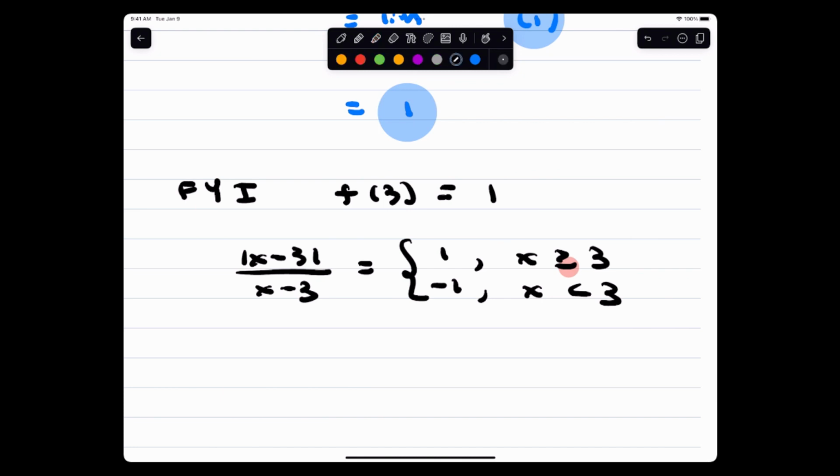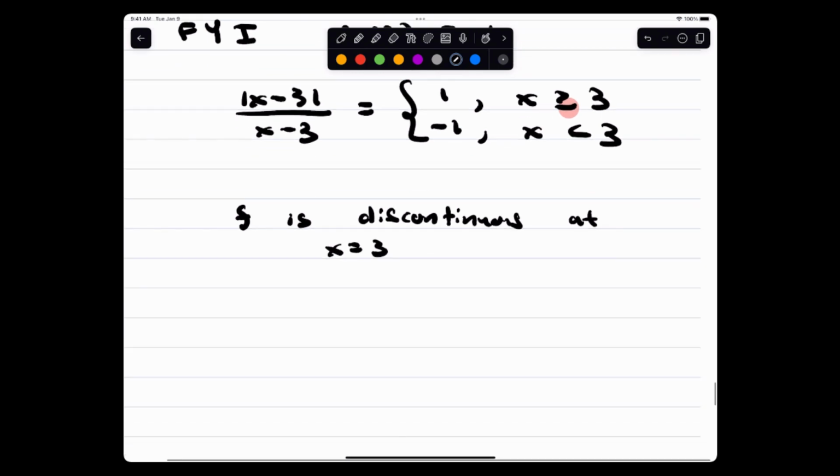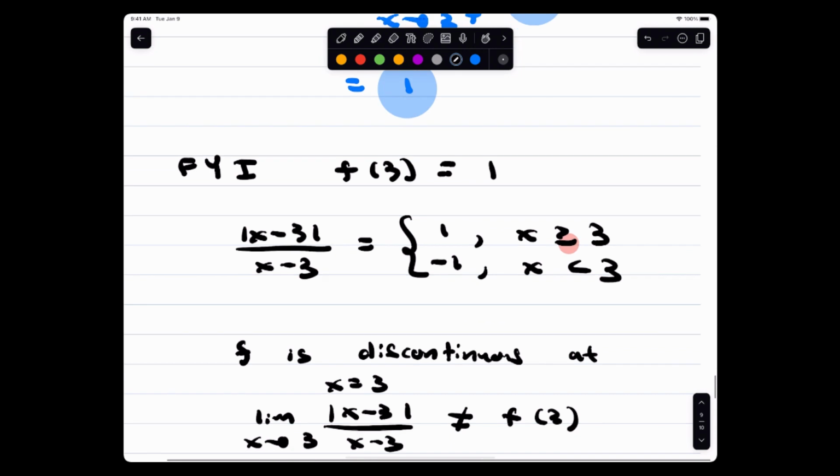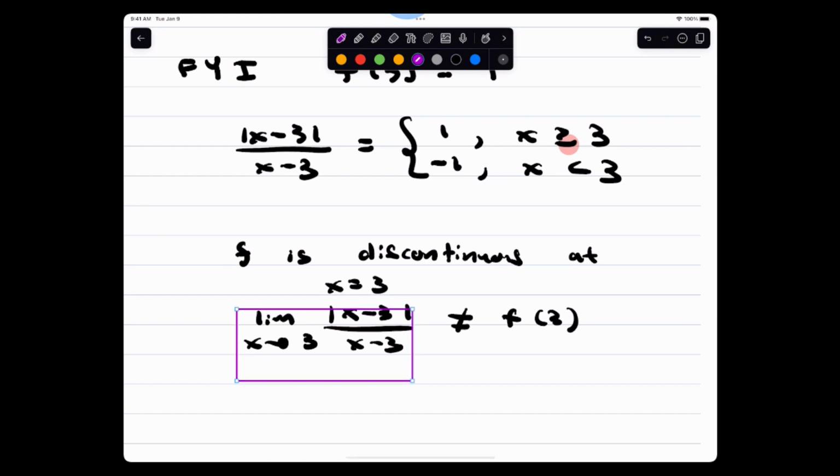Now, what did we say? Remember, what they also ask you is, is f continuous at 3? f is discontinuous at x equals 3. Now you say, why? Because the limit as x goes to 3 of that function does not equal f of 3. f of 3 is 1, so really on the left, this left side does not exist. That's the limit.